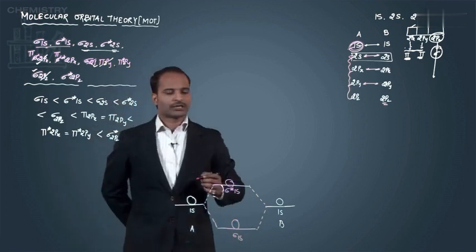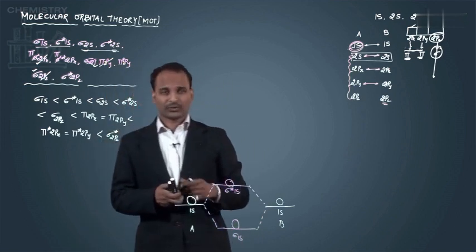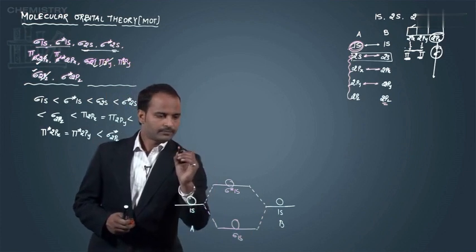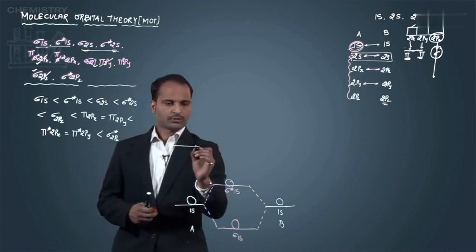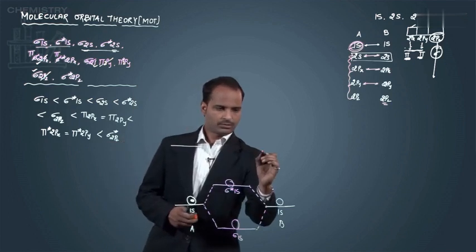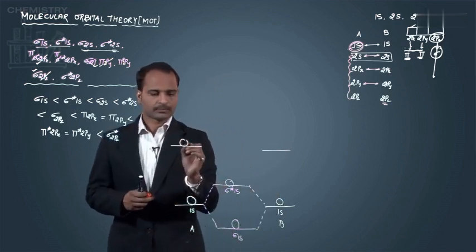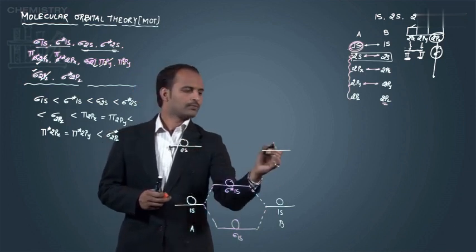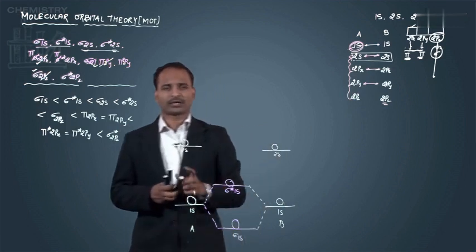Like the 1s orbitals combined, in the same way 2s will also combine. So the 2s orbital of the first atom A will overlap with the 2s orbital of the second atom B. So 2s and 2s are overlapping or combining.